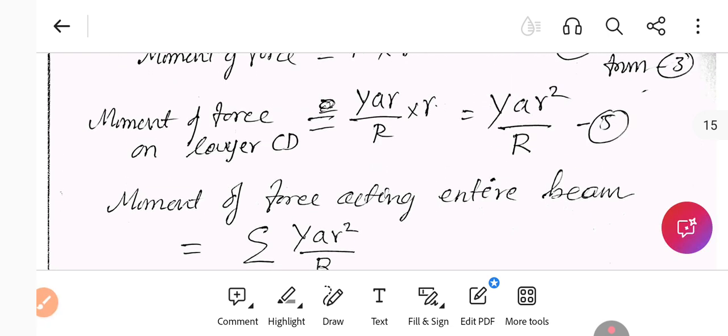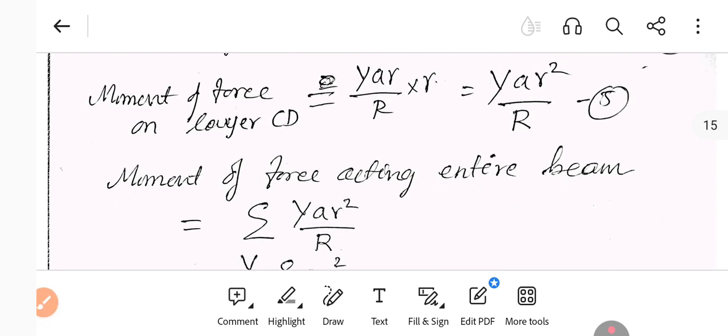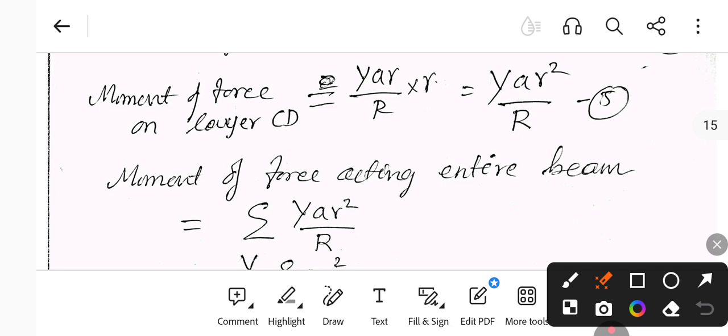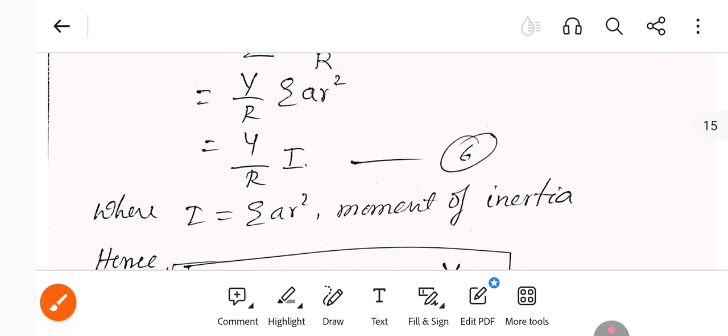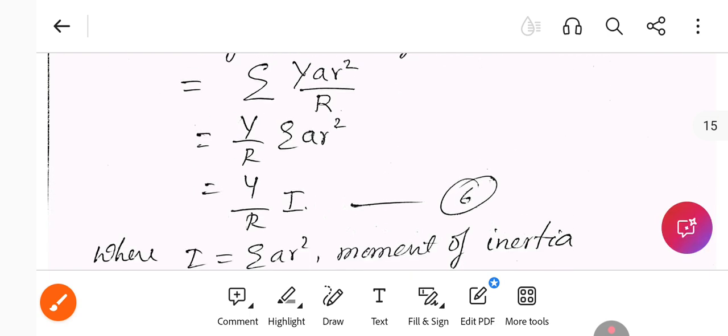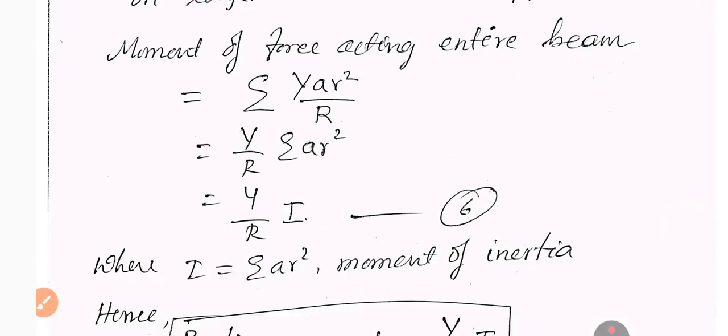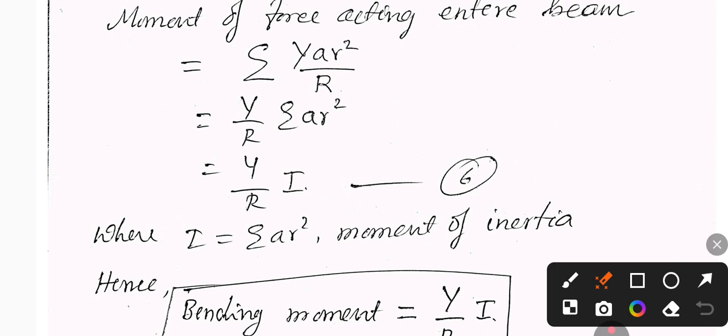This is only for the three layers adjacent to the neutral axis. Now we consider the entire beam, that is the algebraic sum of Y A r square by R. Rearranging the terms, we get sigma A r square. Here sigma A is the area, and the sum of area is nothing but the mass.